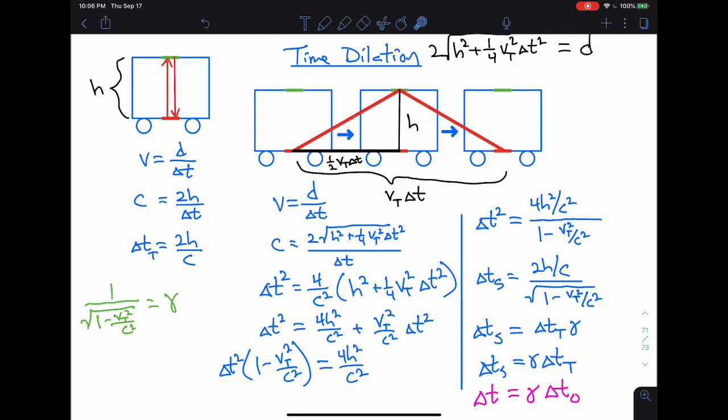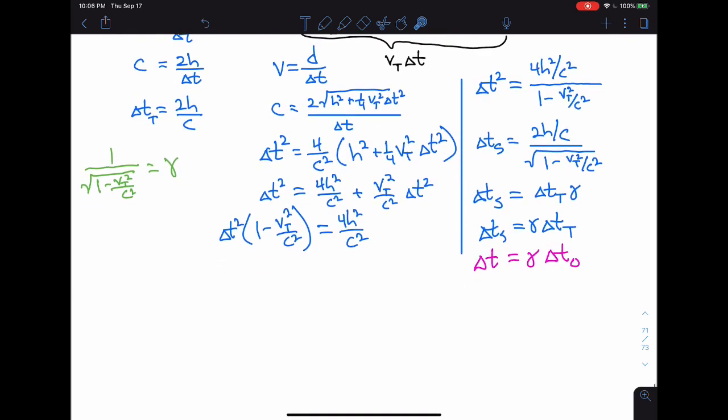So let's talk a little bit about ranges here. Let me scroll down just a little bit to make the room. As I said, gamma is 1 over the square root of 1 minus v squared over c squared. The smallest v could be is 0, and in that case, you're going to get 1 over 1.